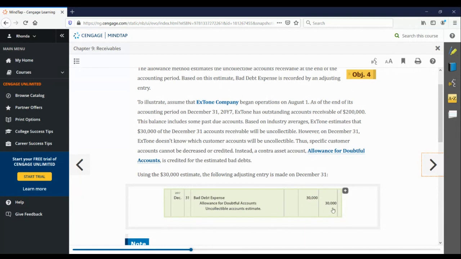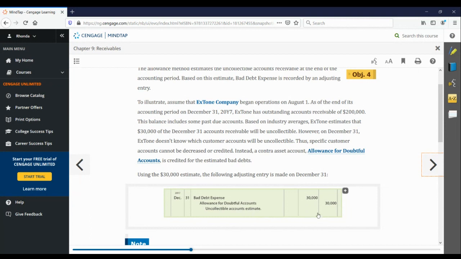The allowance for doubtful accounts will have a balance now in the allowance account for $30,000. Next year, when we write off actual accounts that become uncollectible, we'll write off the accounts against this allowance for doubtful accounts.